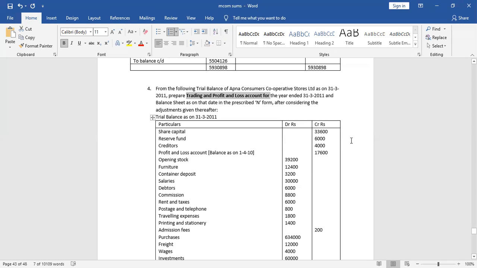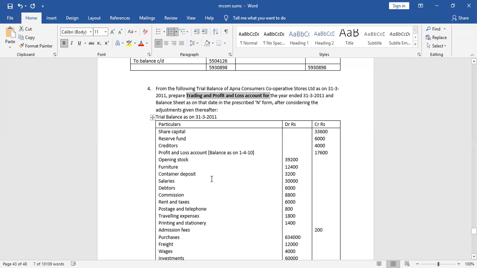Creditors will come in the liability, current liability. Then we have profit and loss account balance. Like income and expenditure, we show it separately. Profit and loss also in the end we will show as opening balance. Then we have opening stock, which will come in the trading account. Furniture is a fixed asset.